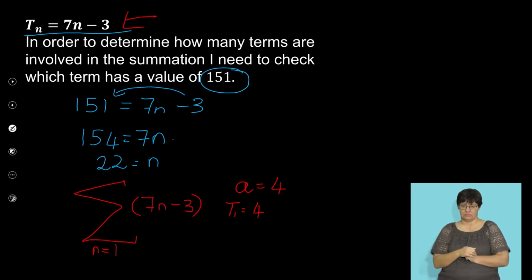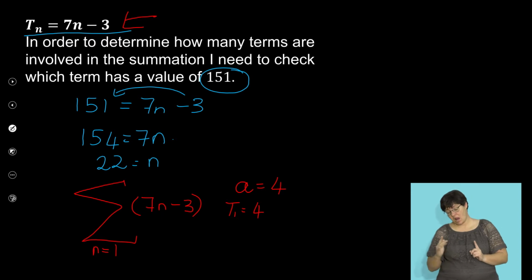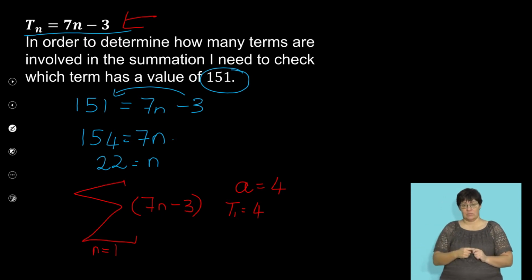We now need to indicate that this sum begins at 4, but it's going to go on and on until a specific value. So I have to say how many terms are involved in this series. So we know that the last term of this sum is 151.